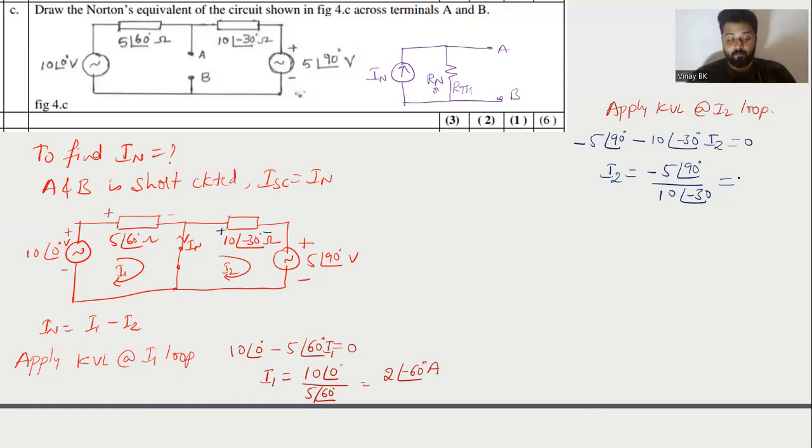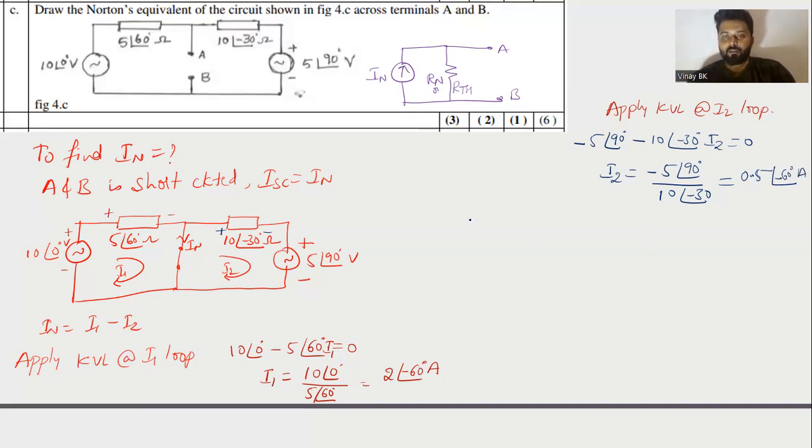Wait a minute. So you can get 0.5 at an angle of minus 60 degree, which is 0.5 at an angle of minus 60 degree amperes.